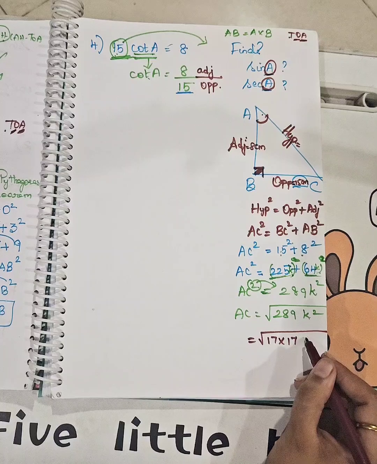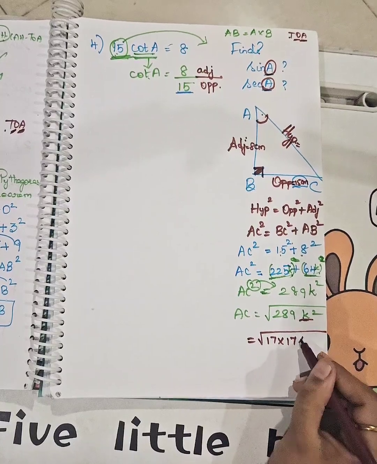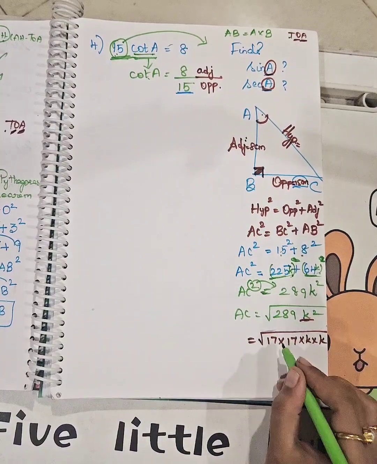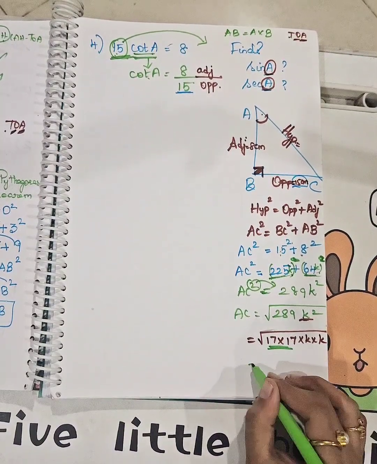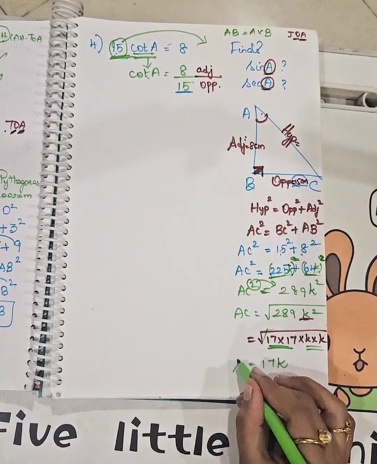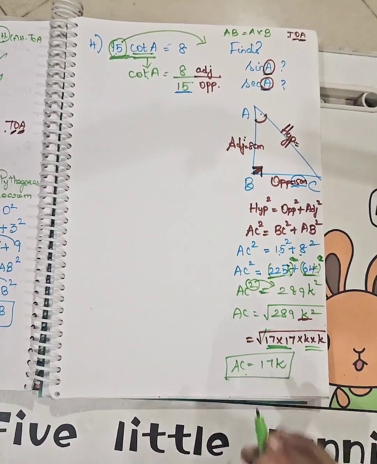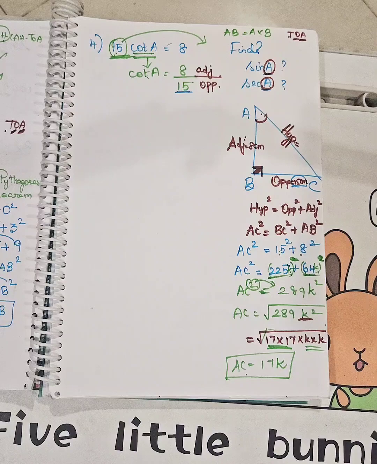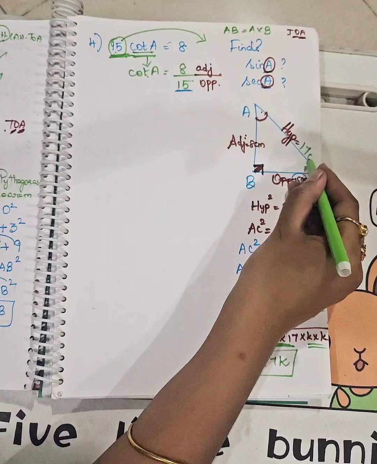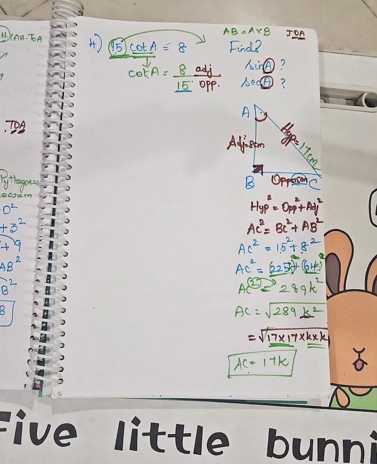This k square I can write as k into k. Already I have told you, inside square root, if any number is paired, I can take it outside the square root. See, we have a pair here, so take it out of the square root. So what is the answer for AC? 17k. AC is nothing but the hypotenuse, 17 centimeters is the answer.